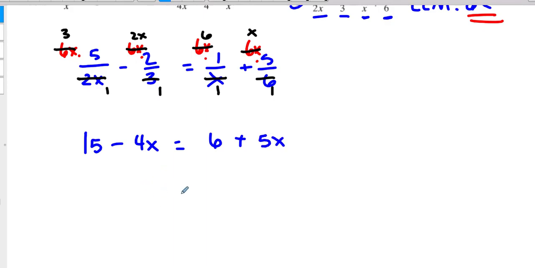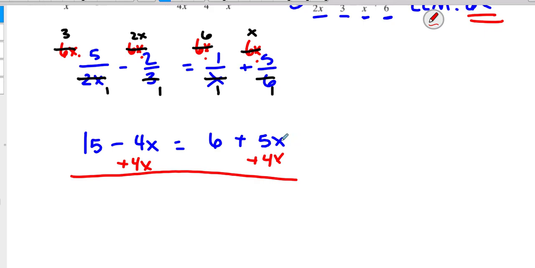Okay, so now I notice that I only have linear terms and constants, so I'm going to get all the linear terms on one side and the constants on the other. 5 is larger than negative 4, so I'm going to add 4x to both sides, meaning the x term is going to be on the right, so I need to subtract this 6 from both sides. So then you have 9 equals 9x. Divide both sides by 9, and you have x is 1.